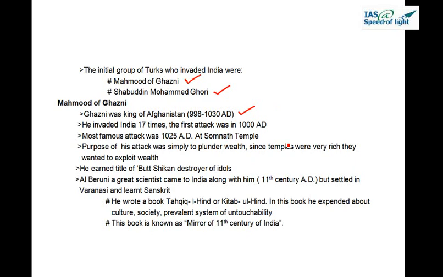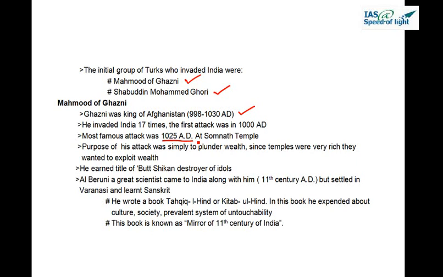The most famous attack on which we should be focusing came in 1025 AD, which was at Somnath Temple, and we know Somnath Temple is in Gujarat, and it was this attack which made Mahmud of Ghazni very popular.